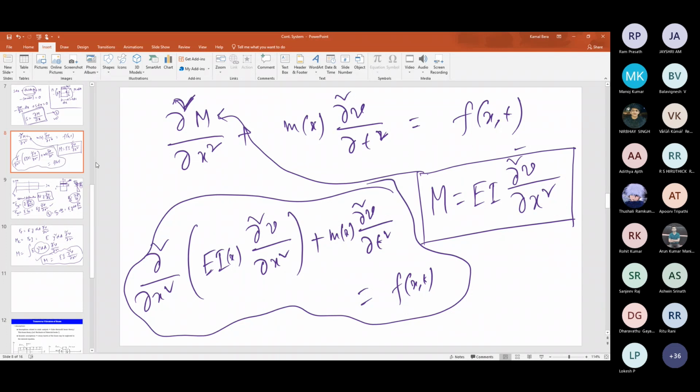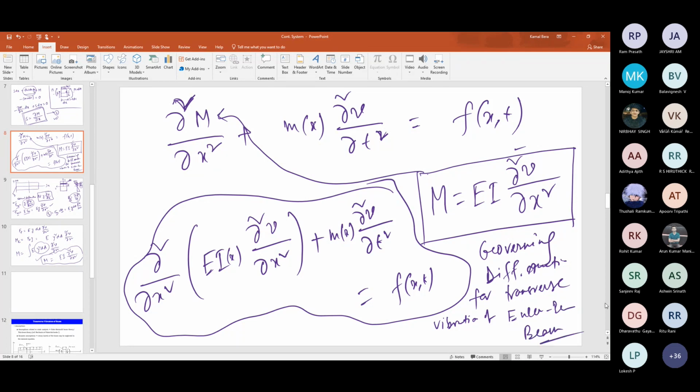So this is our governing differential equation for transverse vibration of the Euler-Bernoulli beam. Okay, that is what you have. So that is the equation of motion.